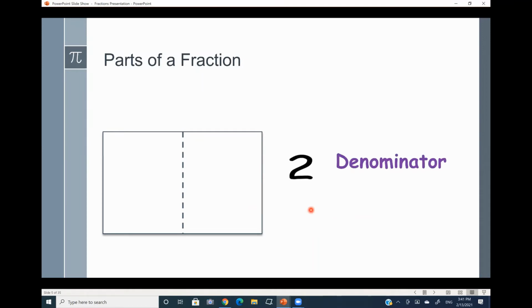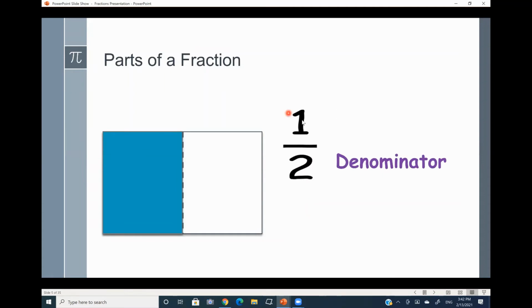One more time, the denominator shows the number of equal parts the whole is divided into. Now let's shade one of the parts, and that's going to be represented by the number 1 on top of the division line. This number is going to be called the numerator, and the numerator is going to show the number of equal parts of the whole that are shaded. In this case, it's 1/2.